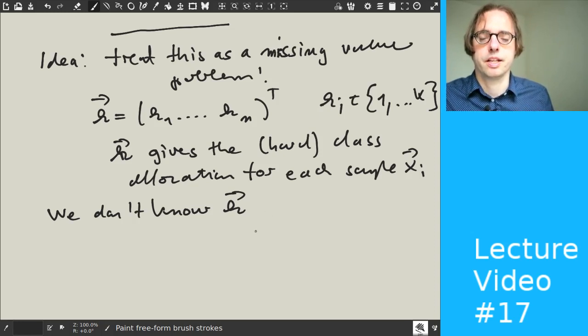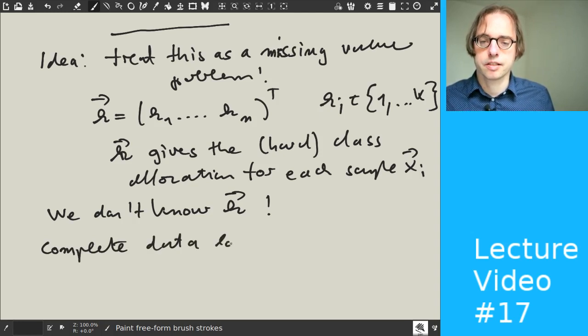What we can do is treat it as a missing value, or we can treat it as data, let's put it this way. So we treat it as data, and then we can write down the complete data log likelihood.